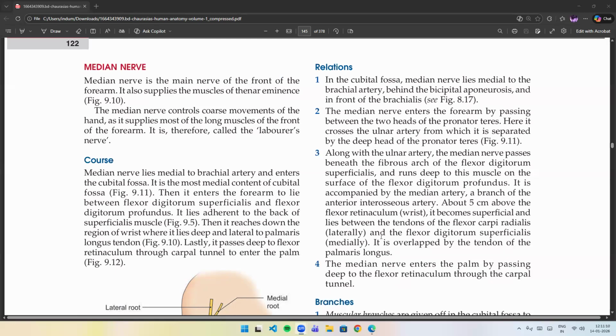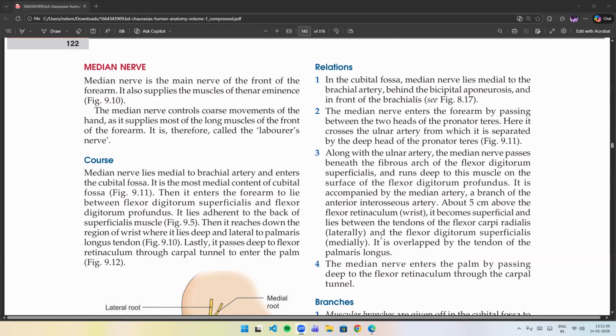Number 3. Along with the ulnar artery, the median nerve passes beneath the fibrous arch of the flexor digitorum superficialis and runs deep to this muscle on the surface of the flexor digitorum profundus. It is accompanied by the median artery, a branch of the anterior interosseous artery.